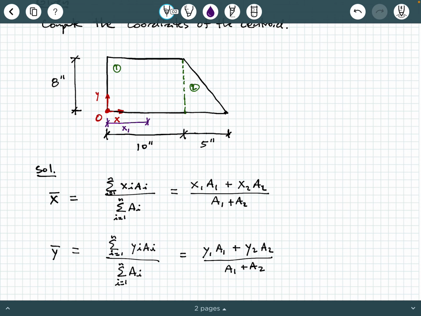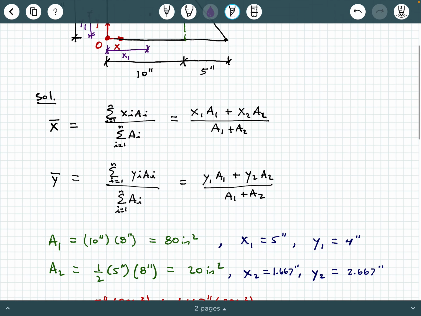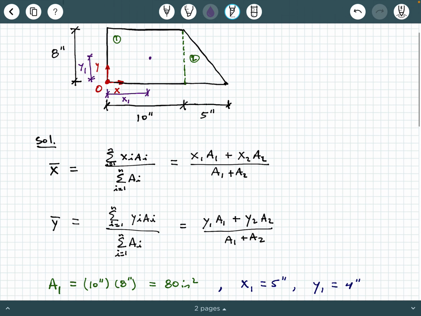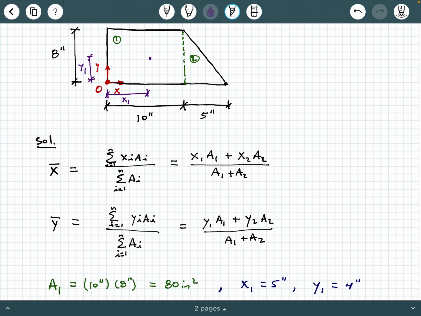So x1 is going to be 5 inches, half of its base width. And similarly, y1 is going to be half of its height, so y1 is going to be 4 inches. Looking at shape 1, I already wrote that here. x1 is 5 inches, y1 is 4 inches, no problem.